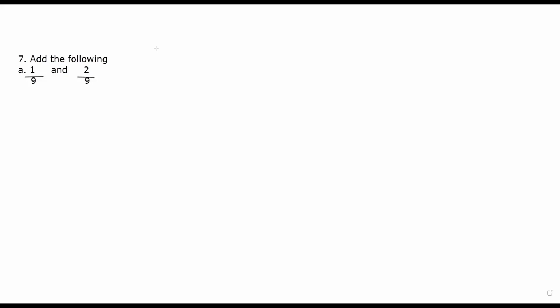Now what do we have to do? We need to add them. This is a very easy step. First of all, we need to observe that both the fractions are like fractions.